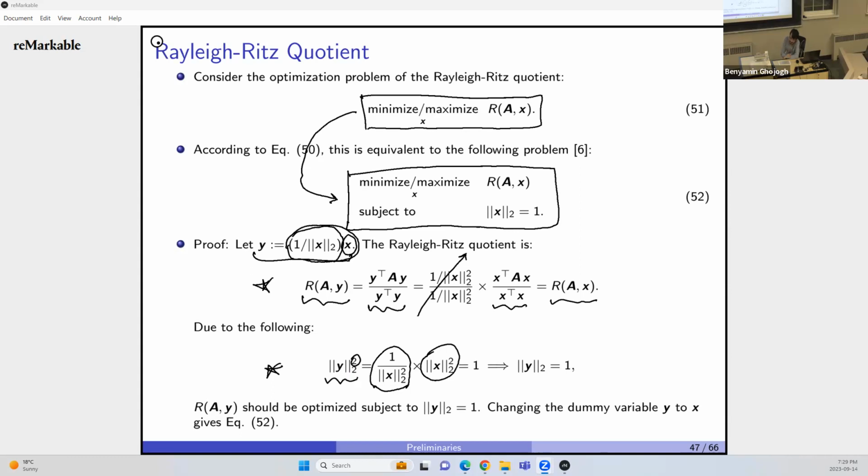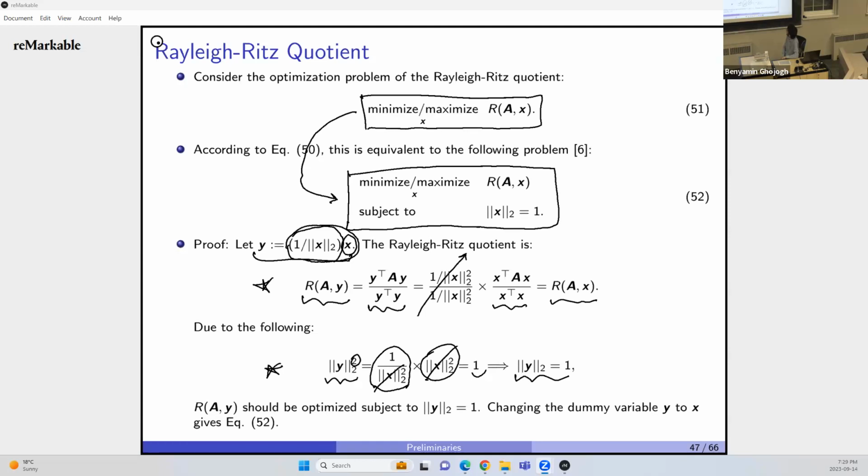So these two cancel each other and it becomes 1. Therefore, when the squared L2 norm of Y is 1, the L2 norm of Y is also 1. It can't be negative 1. Why? Because it's a norm, according to the properties of the norm that we discussed, right?